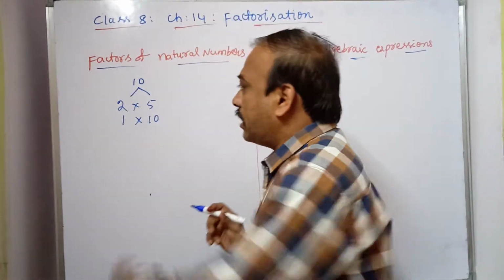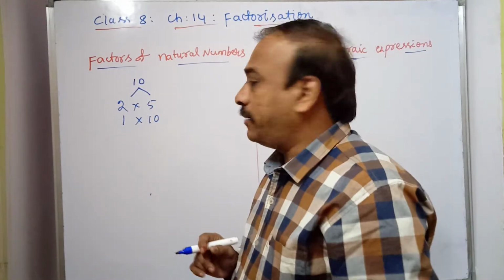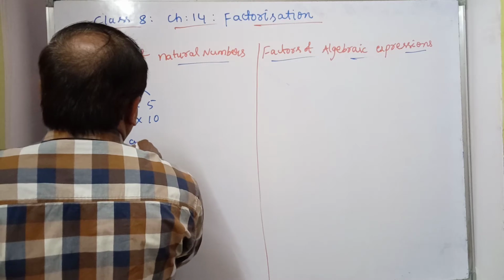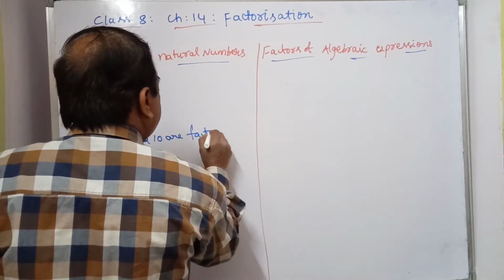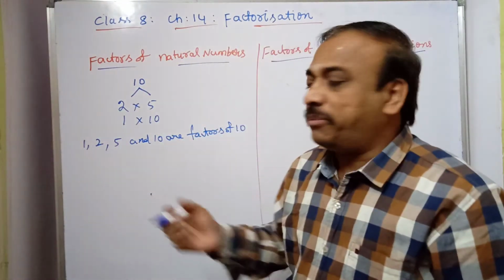These are the factors of 10: 1, 2, 5 and 10.